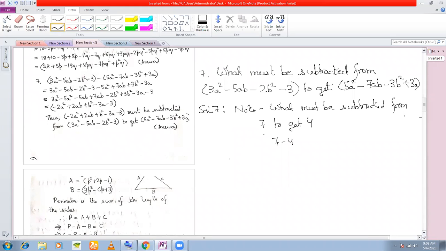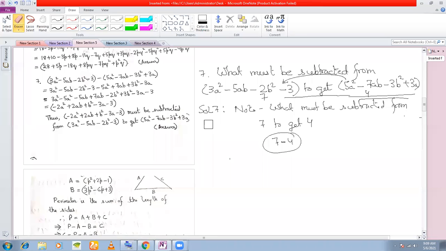So if I say what must be subtracted from 7 to get 4, what are we actually doing? We are doing 7 minus 4. That means the second expression needs to be subtracted from the first one.